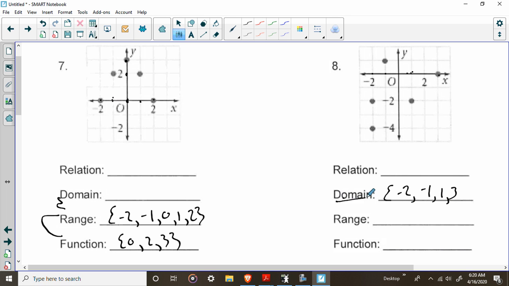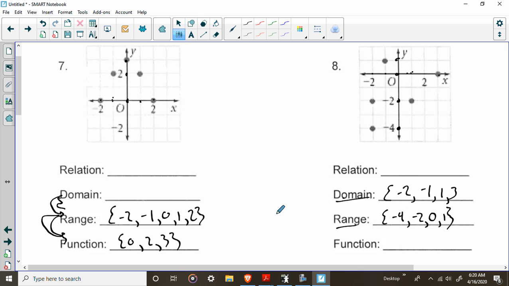Like I said, we're only concerned about the domain and the range. This should have been the domain, and this should have been the range. Going from lowest to highest, you exist here, here, here, and here. So -4, -2, 0, 1.